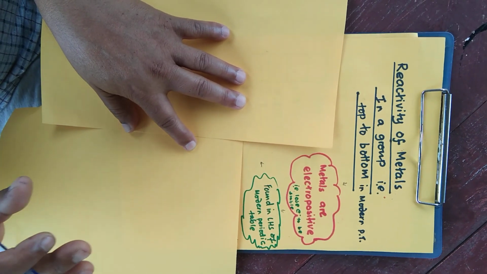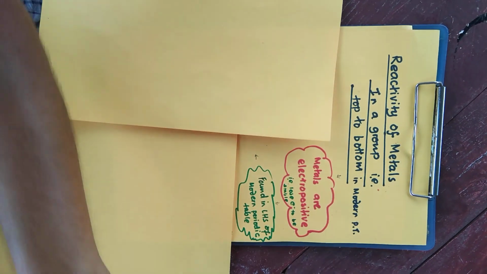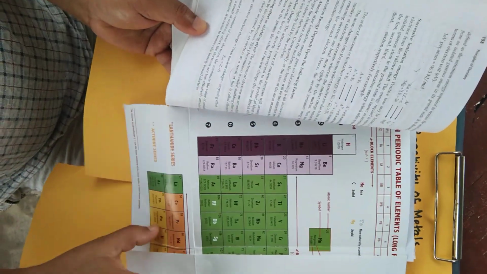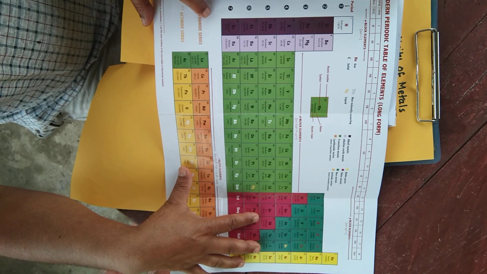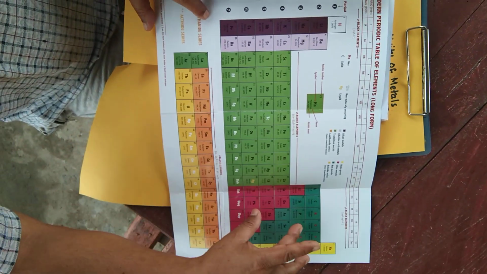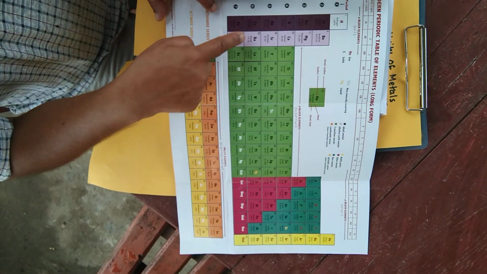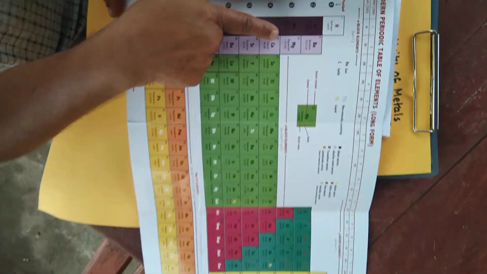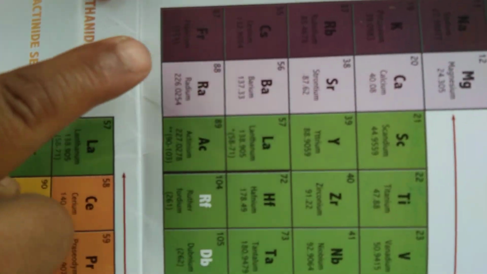Generally, metals are found on the left hand side of the modern periodic table. Children, please see the modern periodic table here. This side is the left hand side, this is the middle, and here is the right hand side. You can see the metals on the left hand side, for example beryllium, magnesium, sodium, potassium, calcium, strontium and barium, and so on.